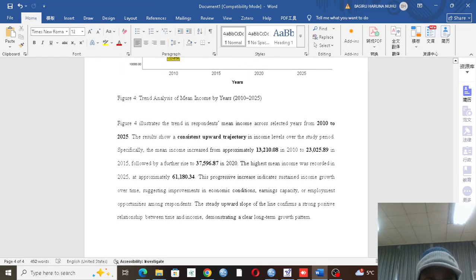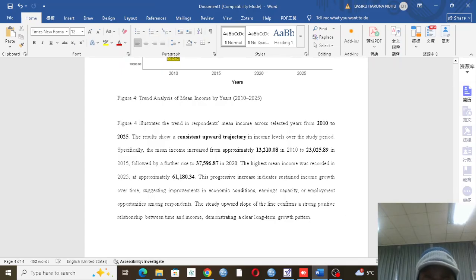So now what do we say about this? This progressive increase indicates sustained income growth over time, suggesting improvement in economic conditions, earnings capacity, or employment opportunities among respondents. The steady upward slope of the line confirms a strong positive relationship between time and income, demonstrating a clear long-term growth pattern.